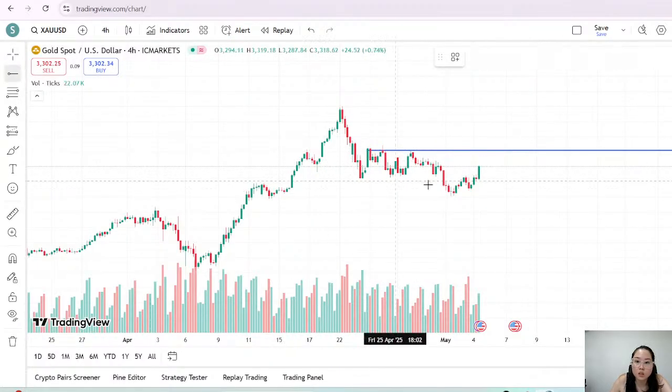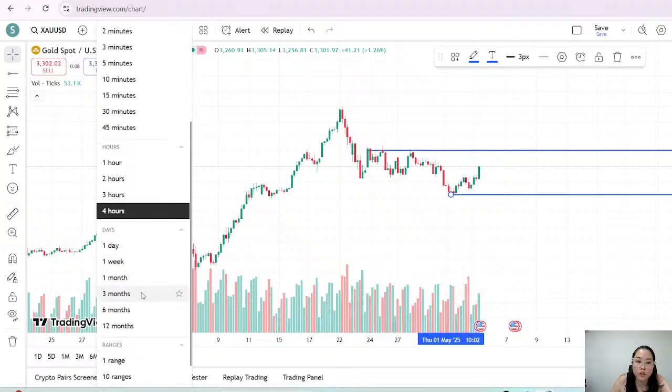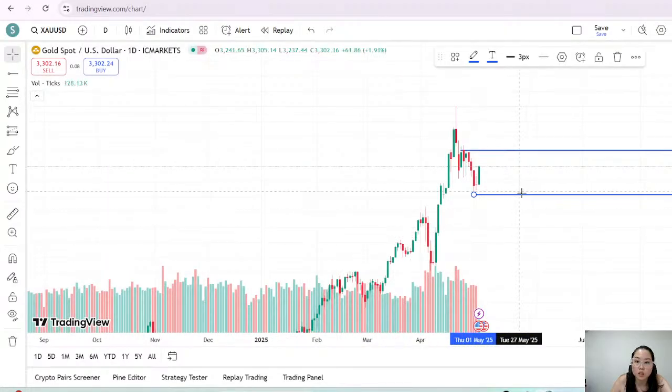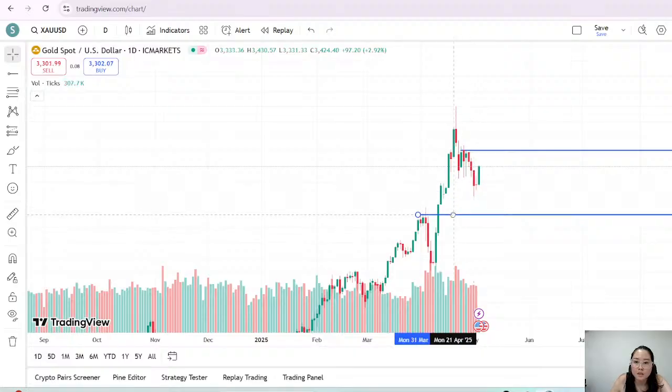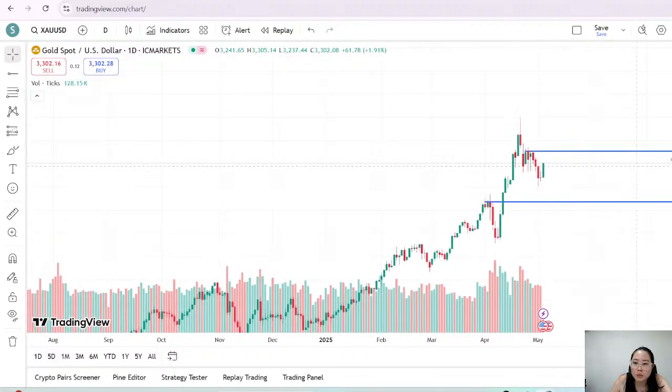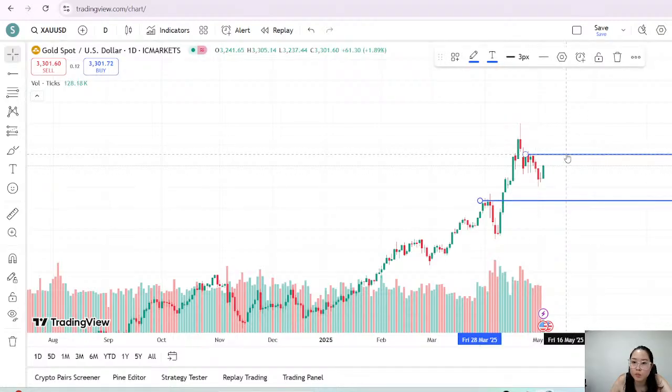Okay, there's one here, one here. Actually, sorry, let's start with the day chart. There's nothing much to work with, to be honest, because price is just going up. So I might need to go down to an even lower time frame.